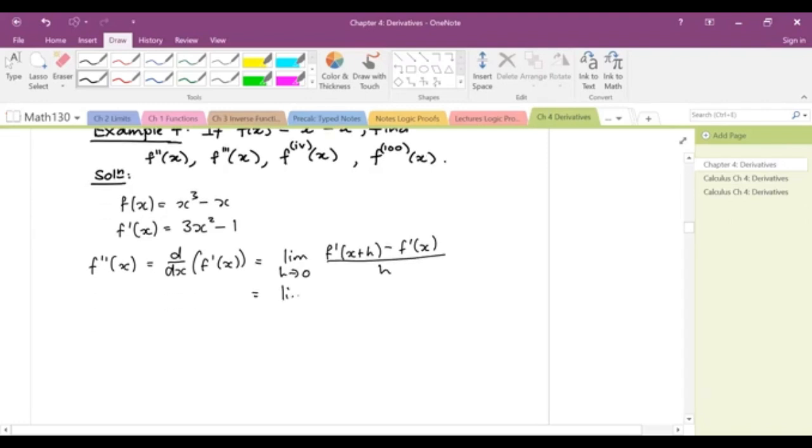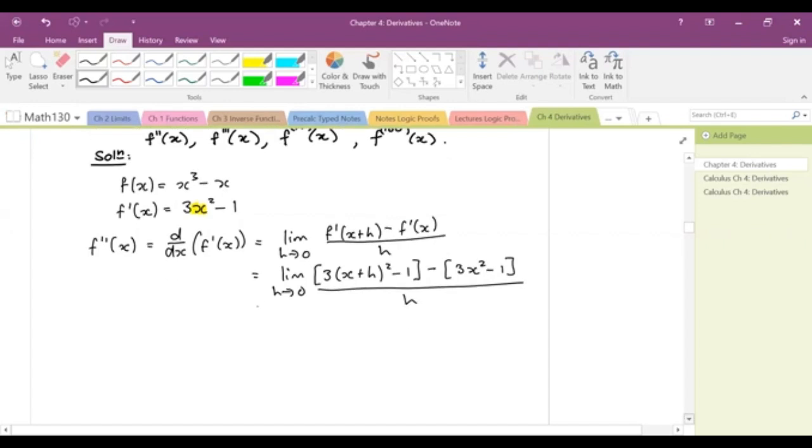Now we put x plus h in place of x in the first derivative. So limit as h tends to 0, this is 3 into x plus h all squared minus 1, that is f prime of x plus h, minus f prime of x, which is 3x squared minus 1, all over h.